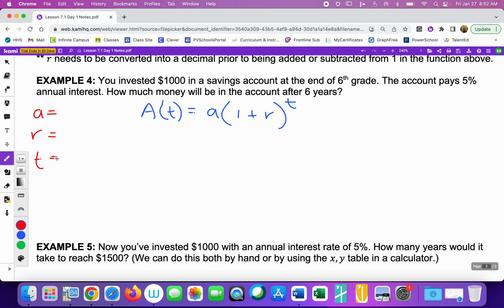So the lowercase a would be what? That would be 1,000. That's your starting amount. 1,000 is going to go where the little a goes. Your rate? It's 5%, which is 0.05. This is where you would have to change it. T would be how many years? 6.